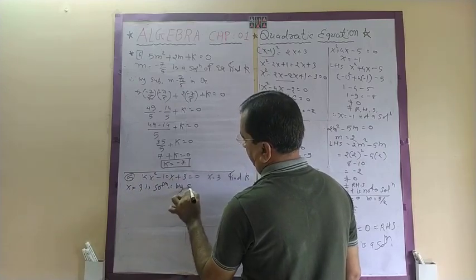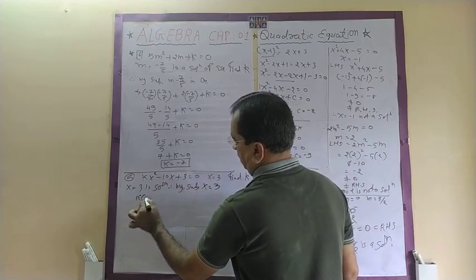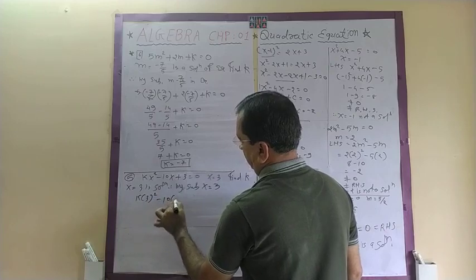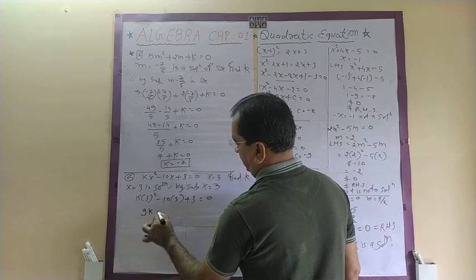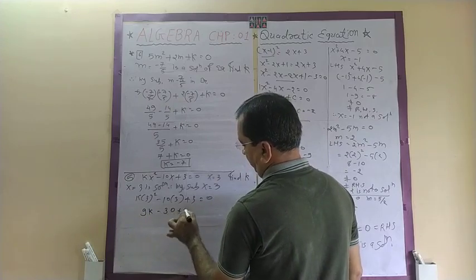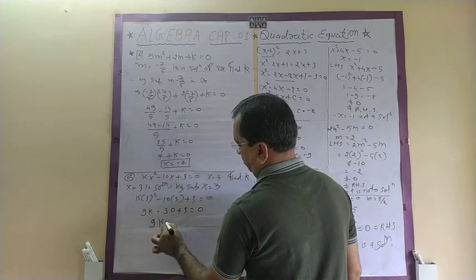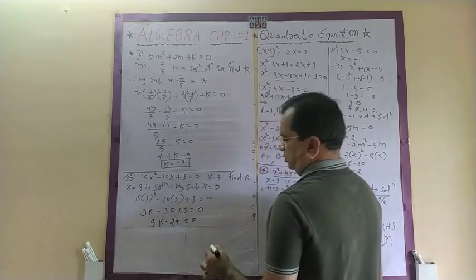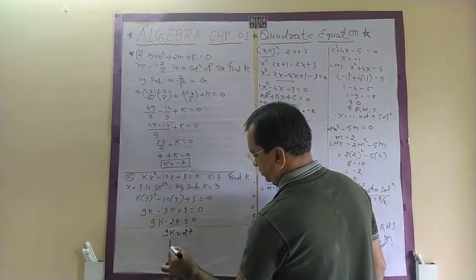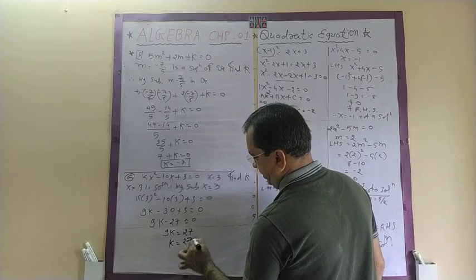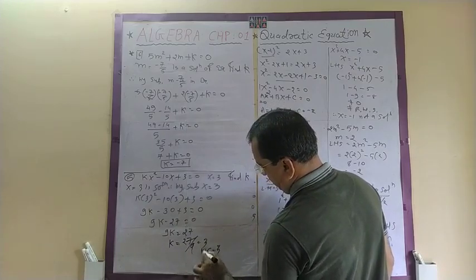Therefore, by substituting x is equal to 3: k into 3 square minus 10 into 3 plus 3 is equal to 0. 9k minus 30 plus 3 is equal to 0. This is minus 27. So 9k is equal to 27. 27 by 9, so k is equal to 3. That is the unknown.